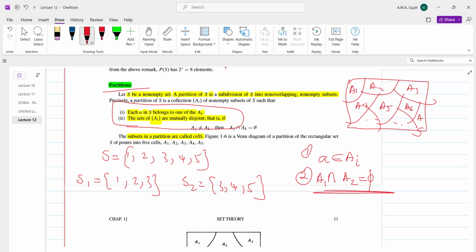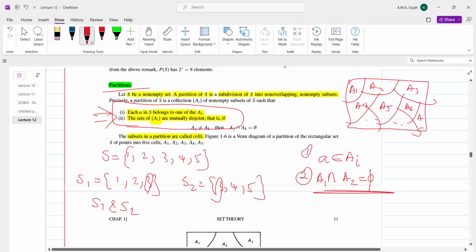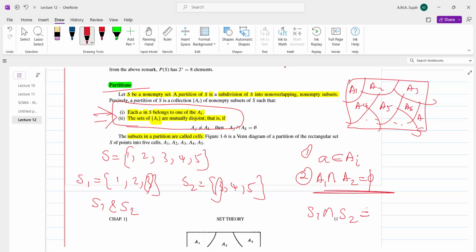Are they partitions or not? Based on these conditions, they are not partitions, right? Why? 3 is a common element for S1 and S2. It means S1 intersection S2 is not empty, so S1 and S2 are not partitions.